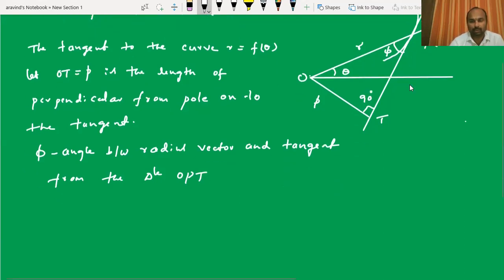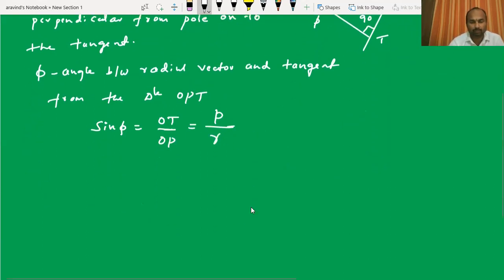So we will use the sine of the angle, that is sine phi. Sine phi is equal to OT by OP. OT is p, the length of perpendicular, and OP is r.